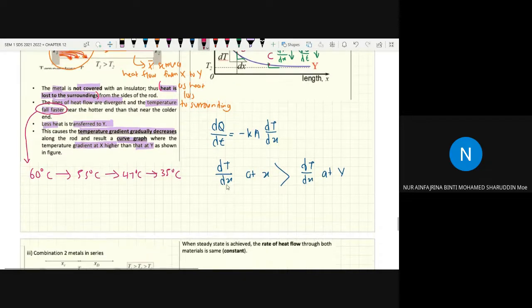And macam ni cakap, kalau temperature gradient dia greater dekat X, maksudnya rate of heat flow dia pun is high lah dekat X compared to dekat Y. Kejap. Salah tulis pula. dq dt at Y. This is the conclusion that can be made.